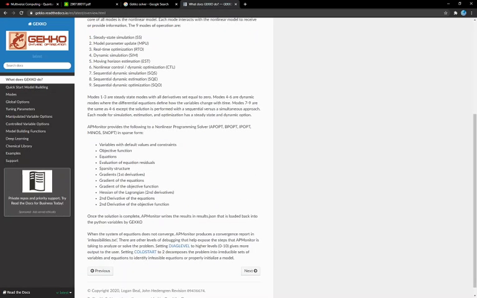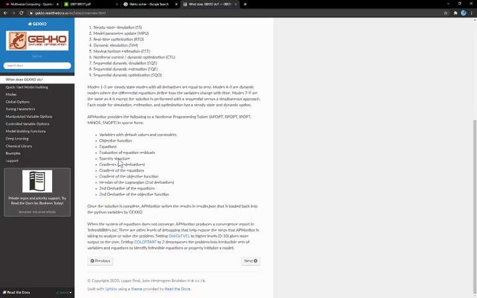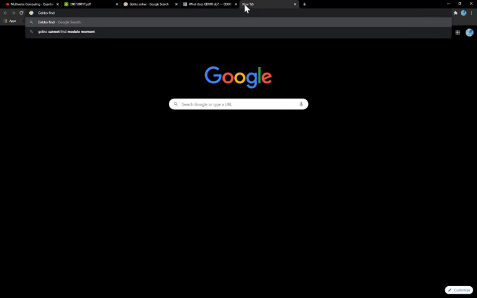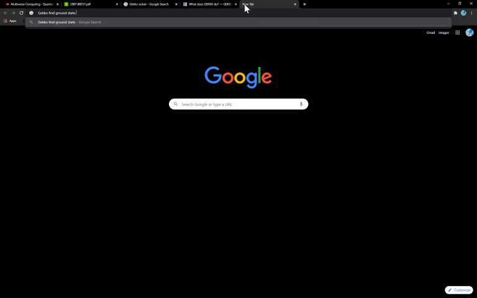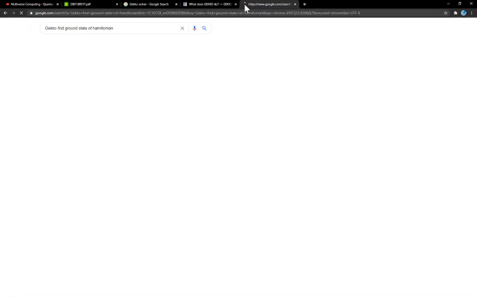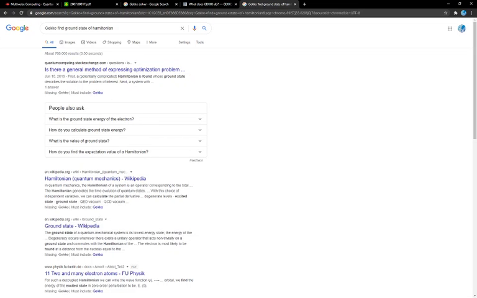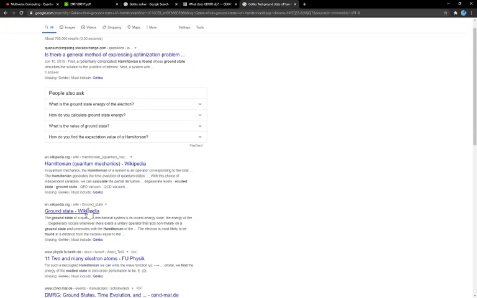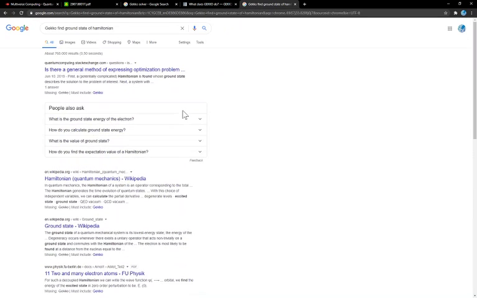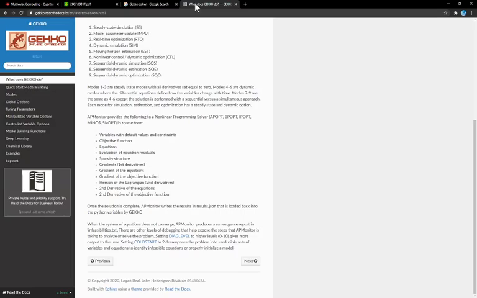Objective functions. Gecko, find ground state of Hamiltonian. No. Okay, so I might have to do some digging there as well.